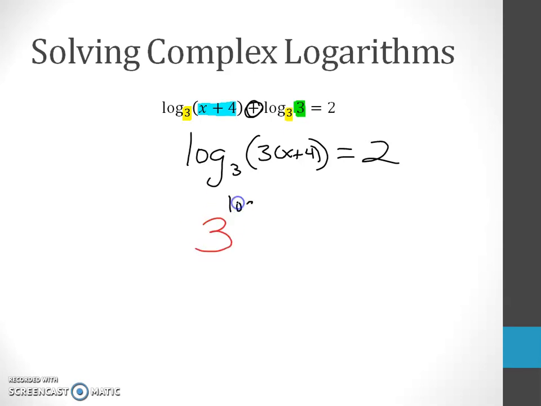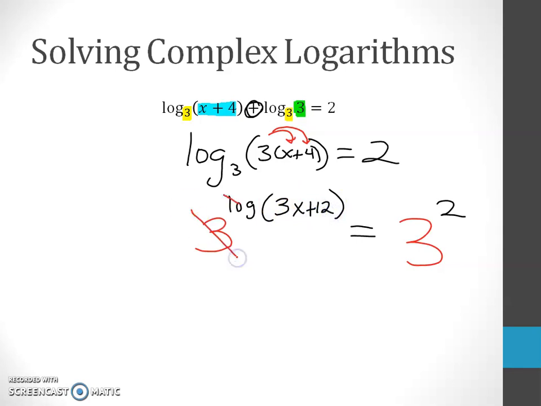So that means my log base 3 of 3 times x plus 4 equals, if I do something to one side, I've got to do it to the other side as well. So that's going to be a 3 squared. That 2 moves up. We also could have distributed that 3 in. That could have made it look a little bit nicer. Okay, 3x plus 12 in there.